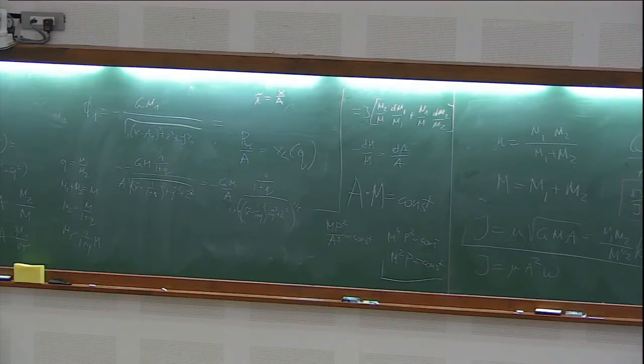So in 1955, there is this formula by Kopal, then there is this formula by Paczynski, which is equivalent because it's just a redefinition of q, whether it's M1 to M2 or M2 to M1.